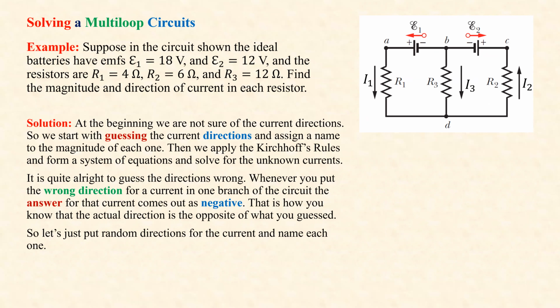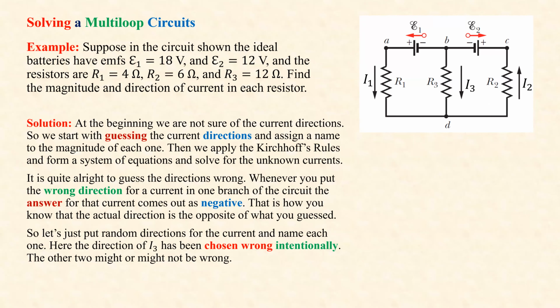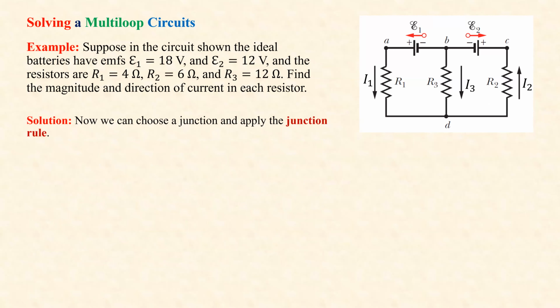But it doesn't matter. You just take any direction that you want and then write the equations according to those directions and don't change it. Here, the direction of I3 has been chosen wrong intentionally. The other two might or might not be wrong. Now we can choose a junction and apply the junction rule.